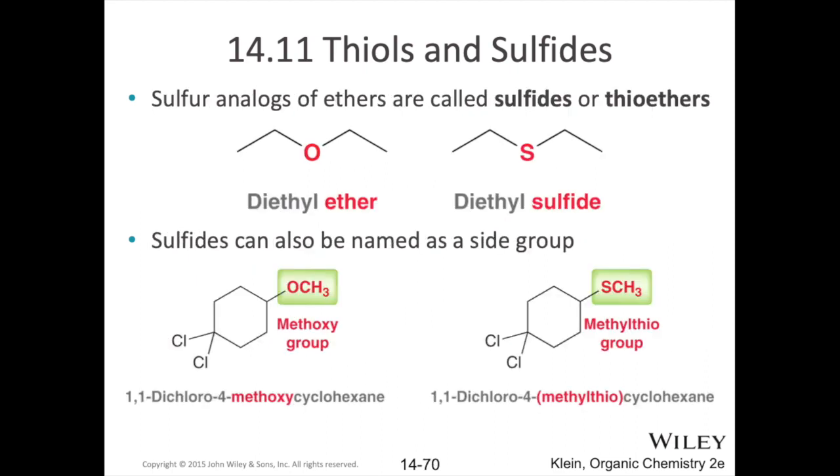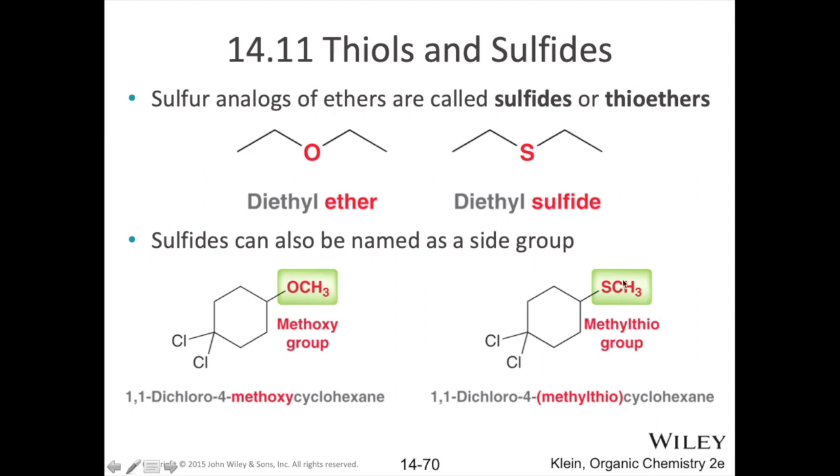Okay, as I mentioned, just as thiols are analogs of alcohols, we can make analogs of ethers called sulfides, also known as thioethers. All right, with the common names of these thioethers, you can just swap out the word ether for sulfide.